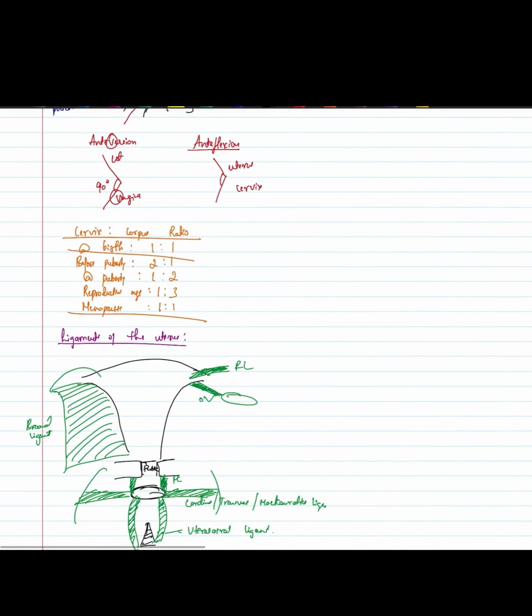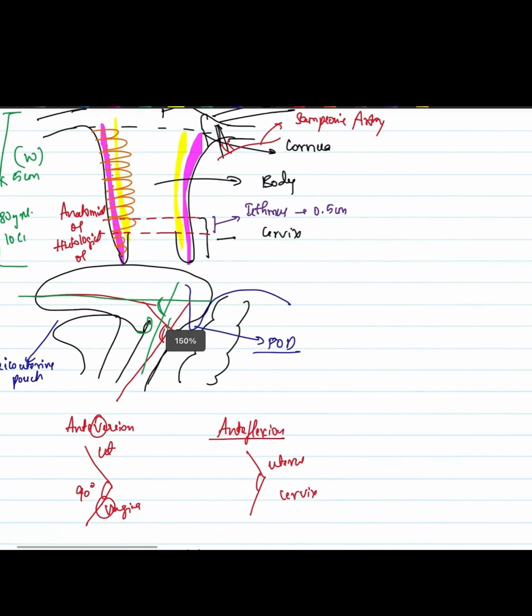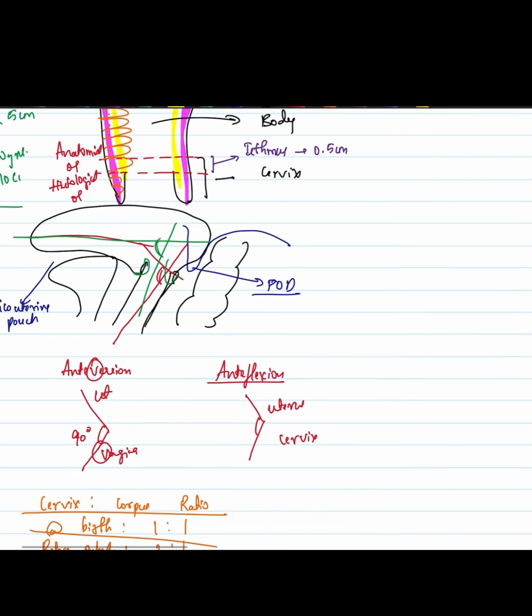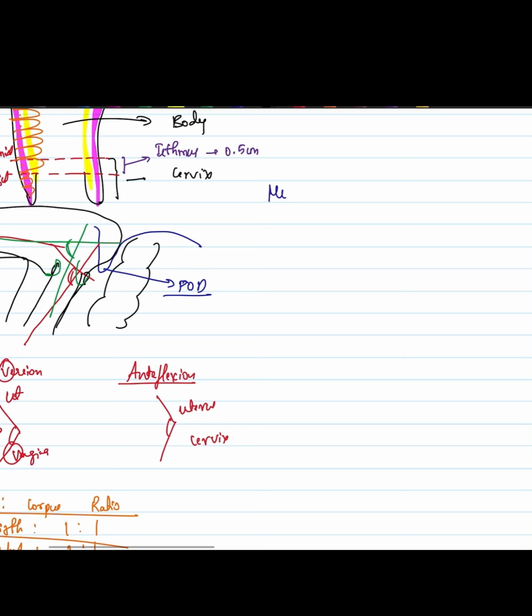One more thing I want to tell you here. The myometrium has been divided by the layers of muscle arranged in it. It has 3 layers: outer longitudinal, middle mesh-like, and inner circular.